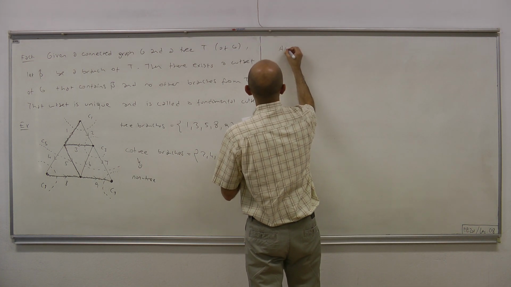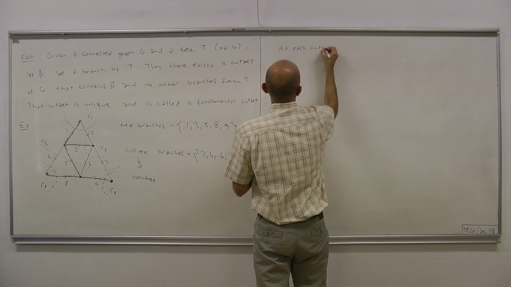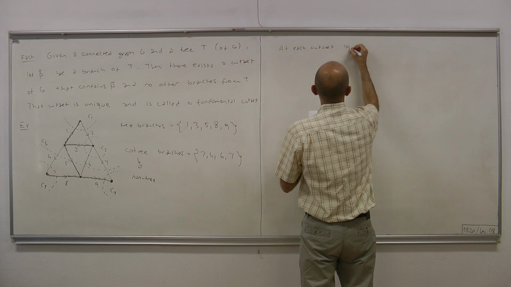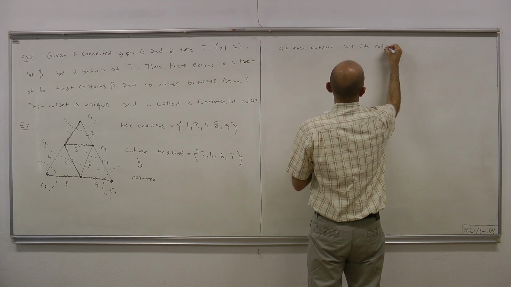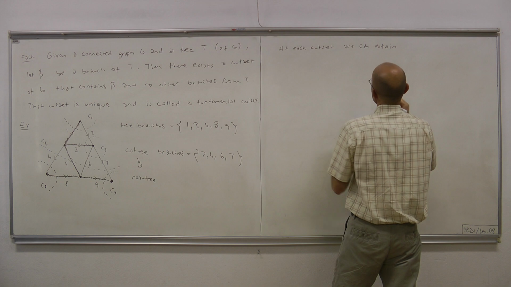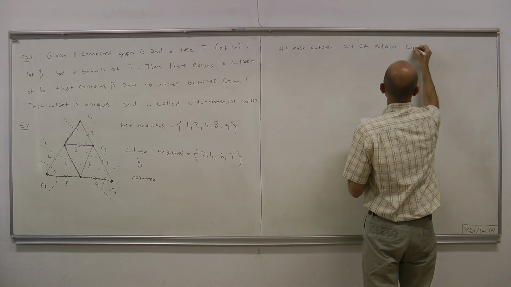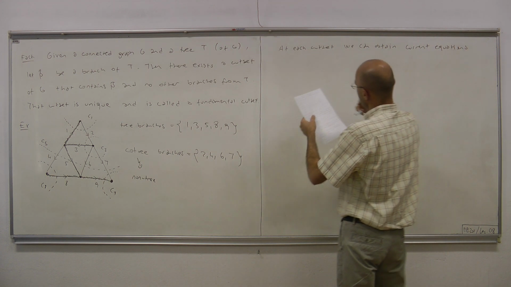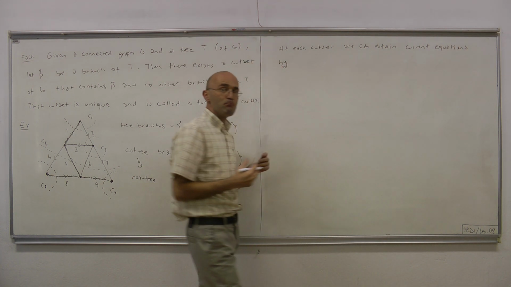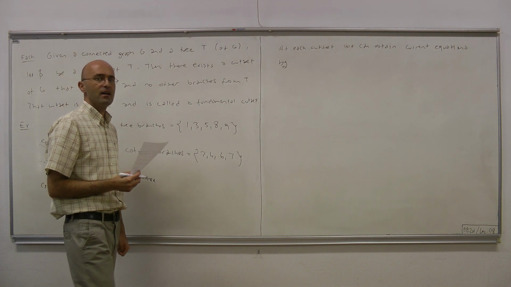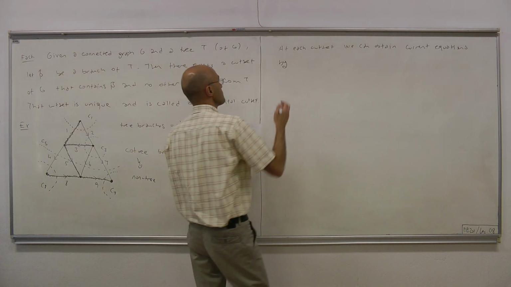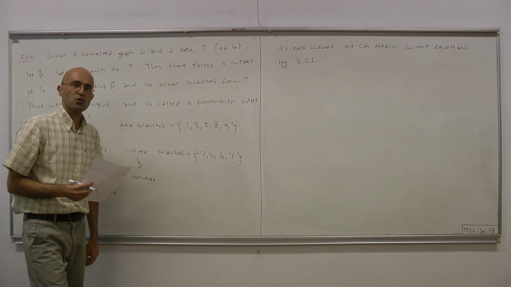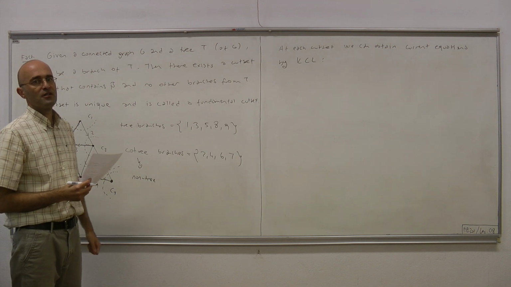At each cutset, we can obtain current equations imposed on the circuit by Kirchhoff's current law, by KCL. That is, for each closed surface, the sum of incoming currents must equal the sum of outgoing currents.